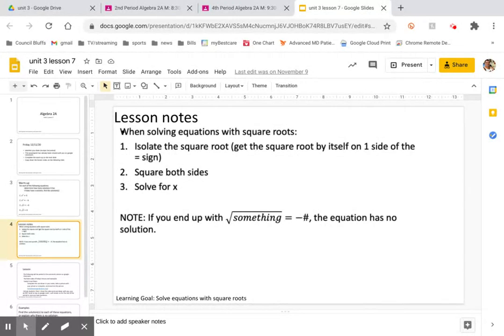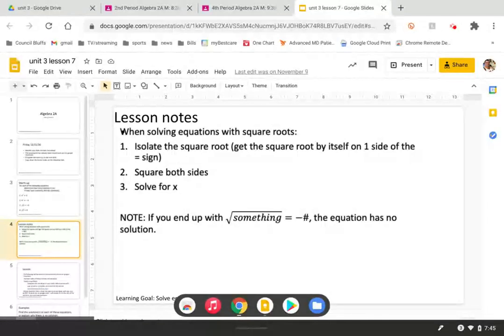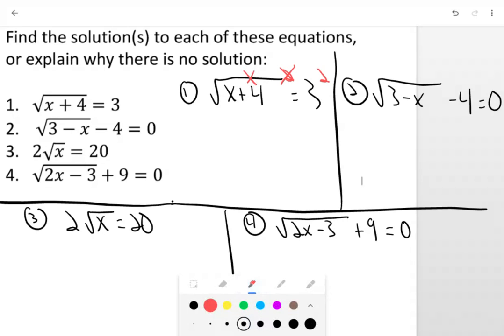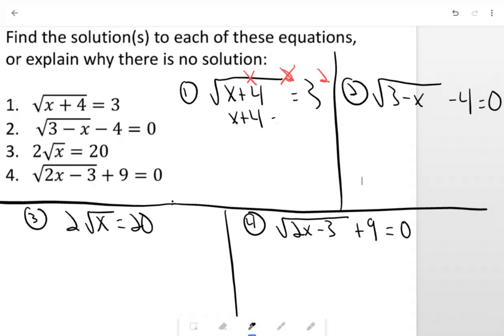Why would I square both sides? Because squaring and square rooting are opposites of each other. So I would square both sides and then solve for x. So for number 1 here, I'm going to square both sides. Because on the left-hand side, the squared and the square root will cancel each other out, leaving me with x plus 4.